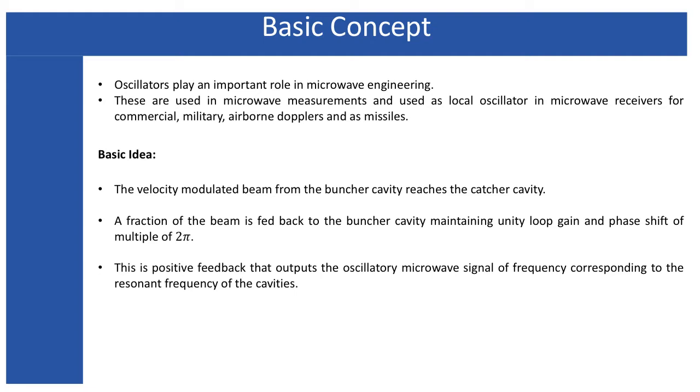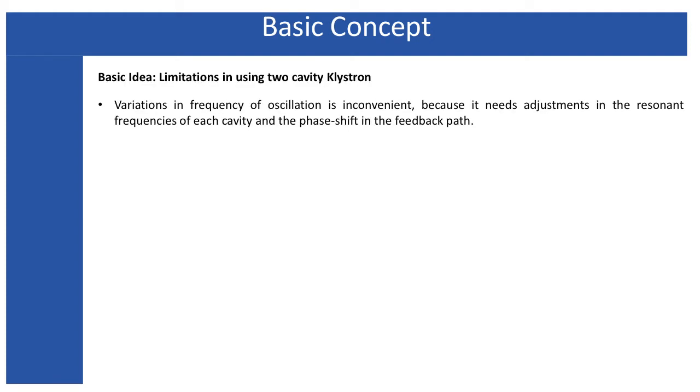If these two conditions can be maintained, then the two cavity klystron produces oscillations in the microwave frequency range instead of amplification of the microwave signal, and the oscillator frequency will equal the resonant frequency of the two cavities. The major disadvantage of using the two cavity klystron is that if you want to change the frequency of oscillation, you need to readjust the resonant frequency of both cavities, as well as the phase shift required for positive feedback.